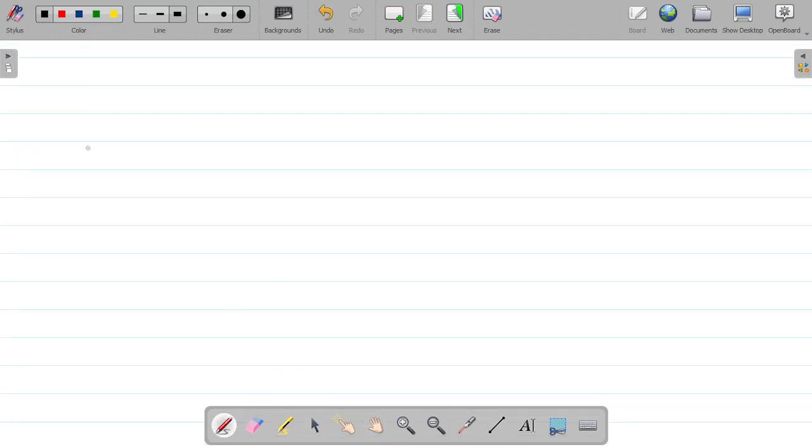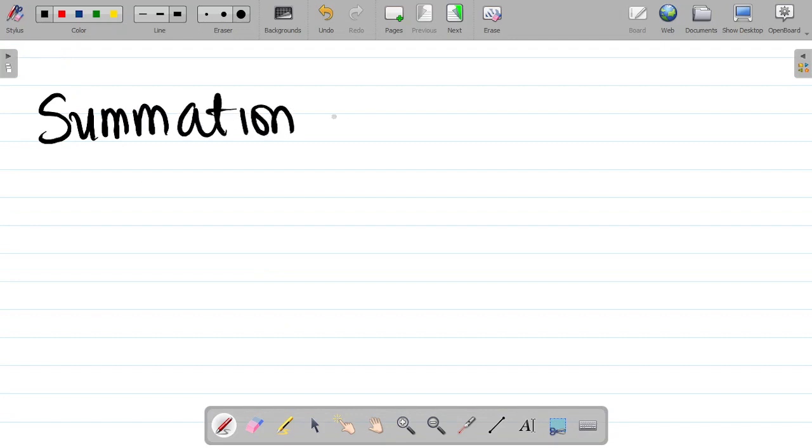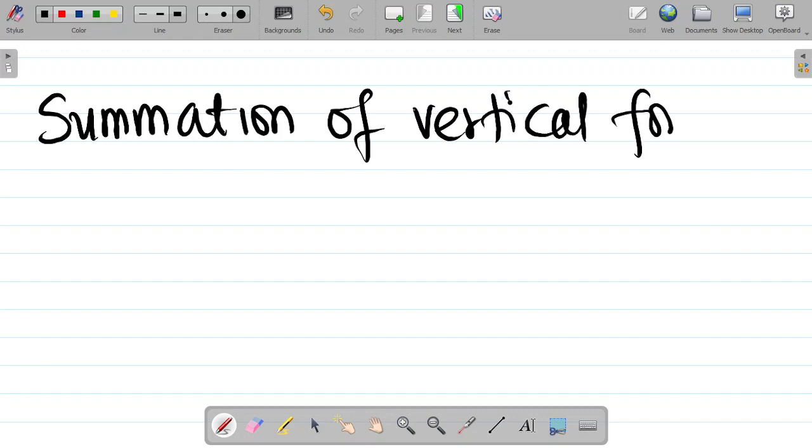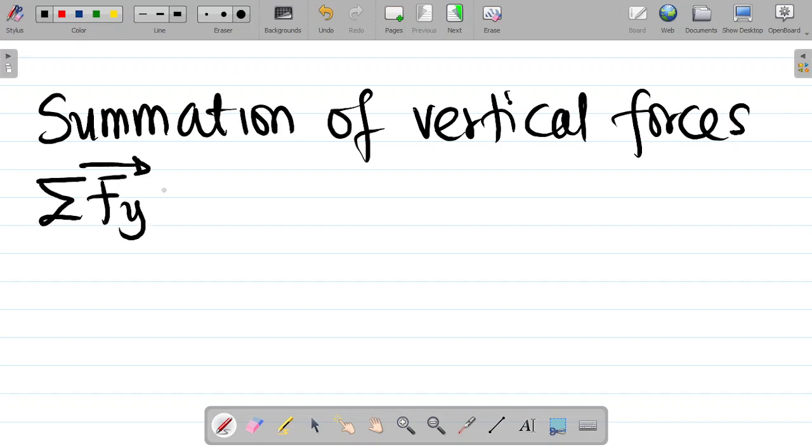Let's write this here. All right. So let's take summation of vertical forces. So summation of vertical forces, and that becomes sigma force F, vertical is Y. We'll have this. So all we have to do is just go back and pick up all the values for J. All right.